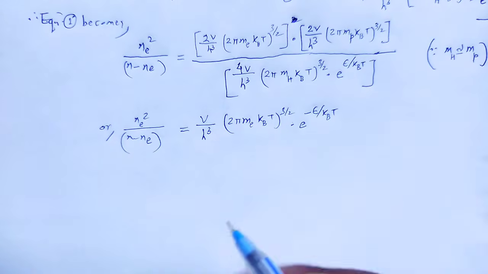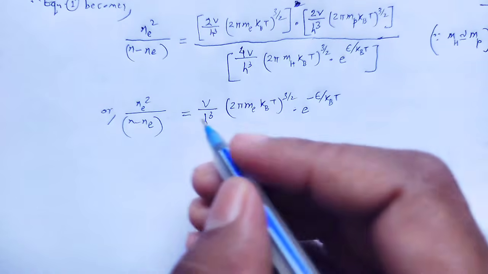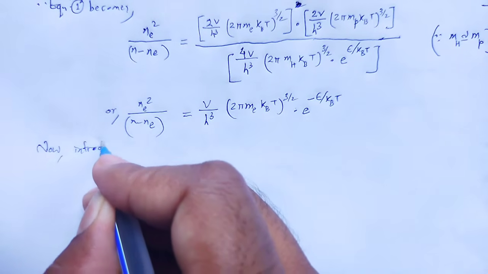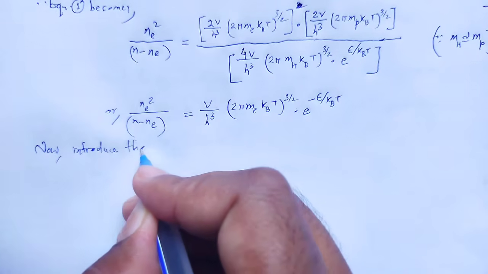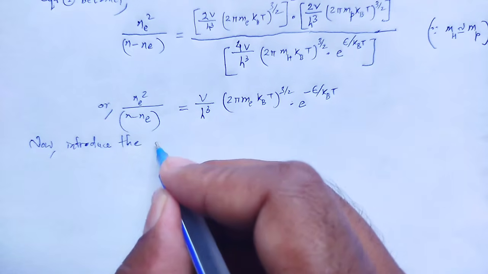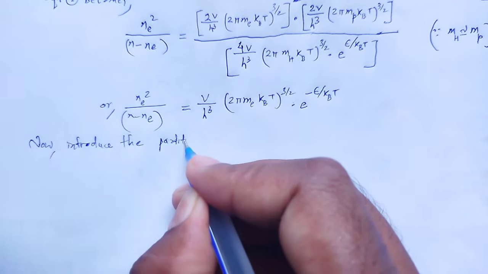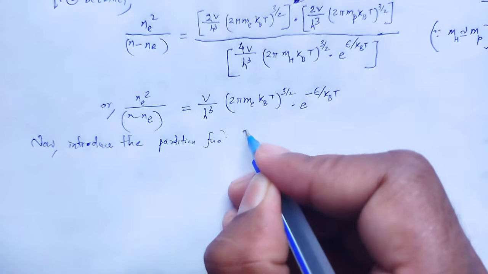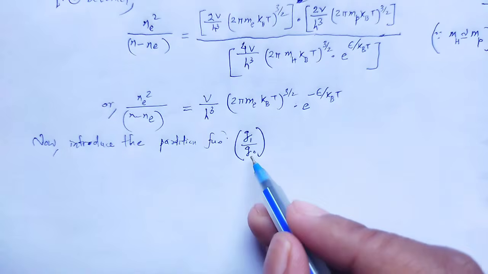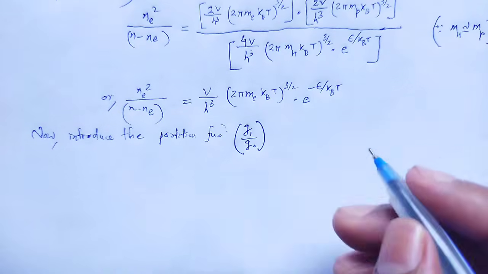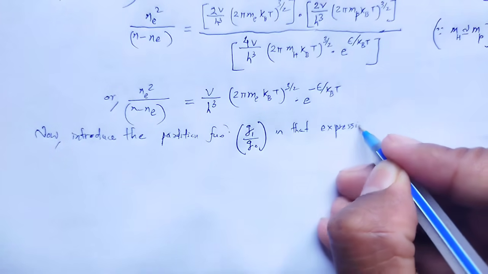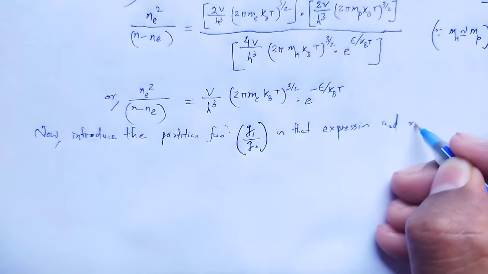Let us now introduce the partition function, that is g1 divided by g0, ground state to that of excited state, in that expression and rewrite it.